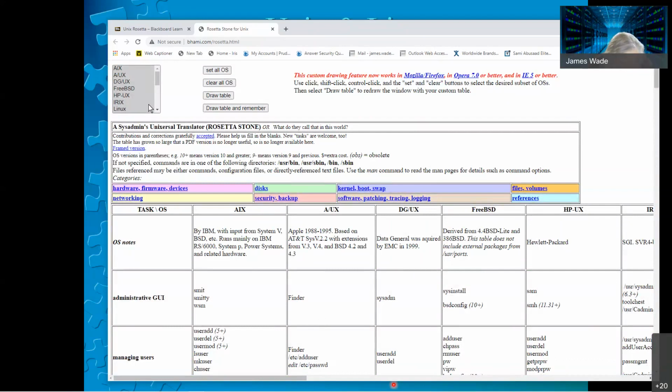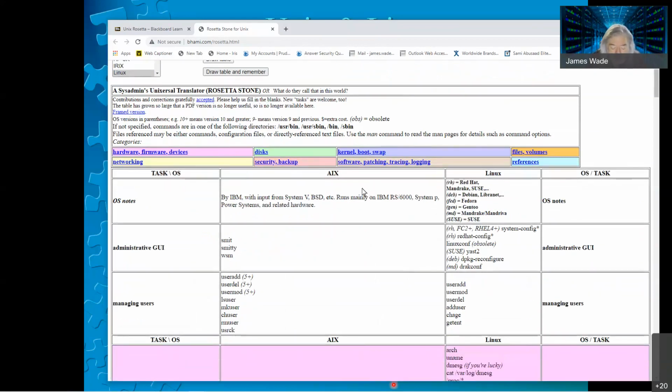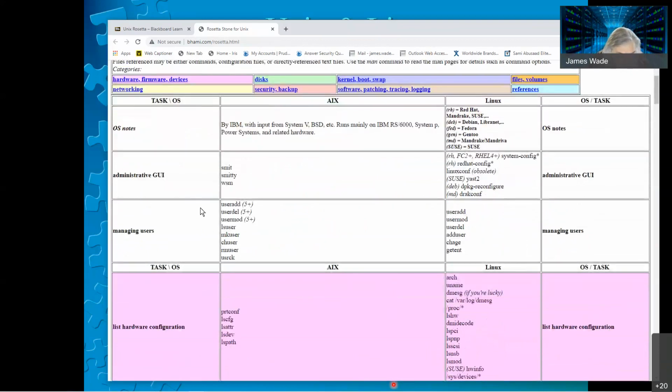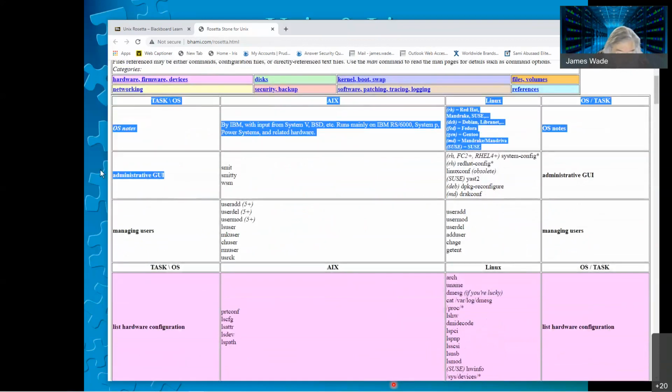So watch this. Let's say that I get employed and I'm a Linux administrator and they say, oh, I have AIX as well. And you're going for an interview and you go, okay, I need to know about AIX with this company and Linux. And then I draw the table. Notice that now I just have AIX and Linux down here. So here we go. Is there any administration GUI? Well, yes, AIX has SMIT, SMITTY, WSM.